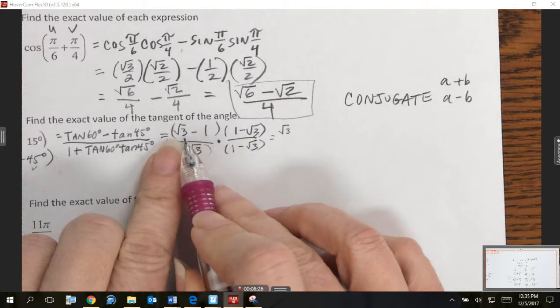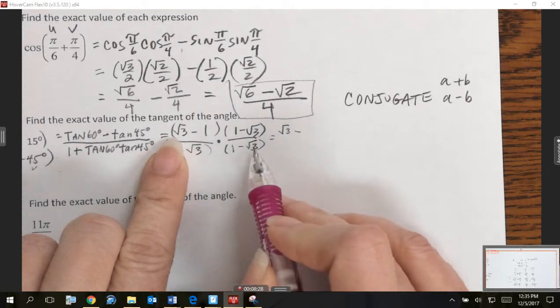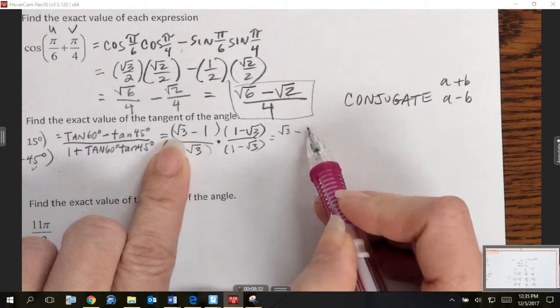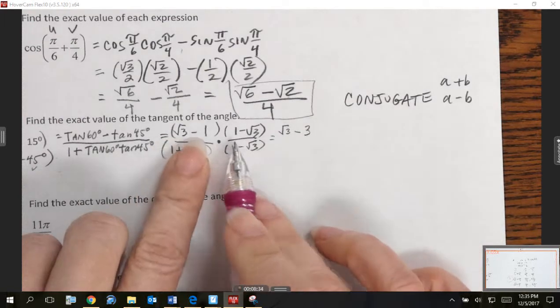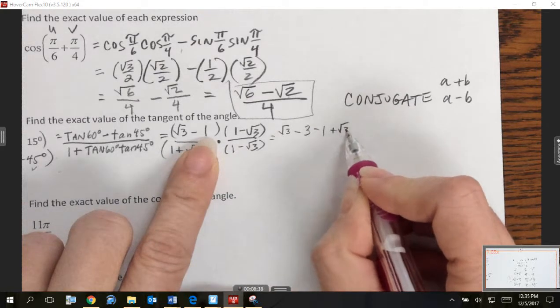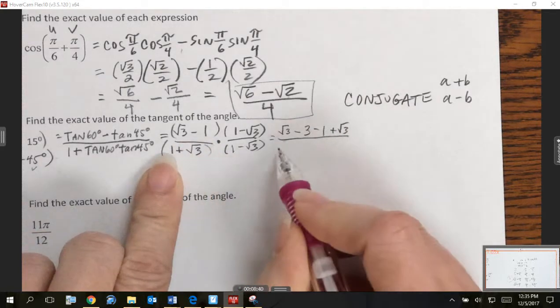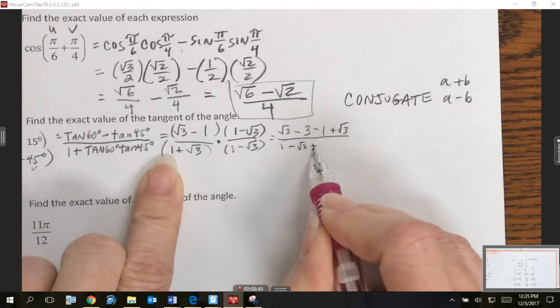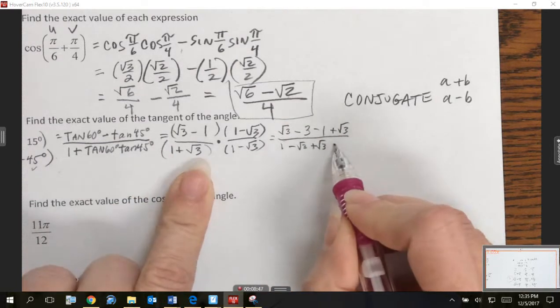What happens when I multiply a radical 3 times radical 3? Radical 9, which is 3. And then we do our inner, which is minus 1, and then our last, which is positive radical 3. And then the denominator, our first, our outer is minus radical 3, our inner is positive radical 3, and our last is minus 3.